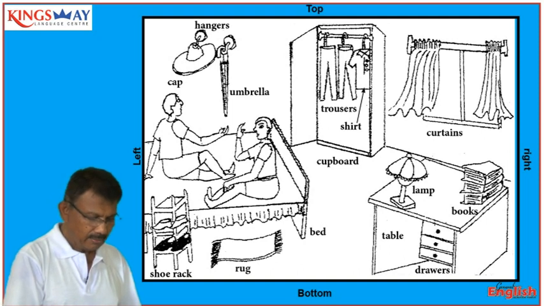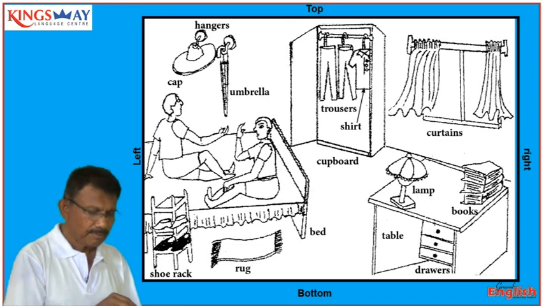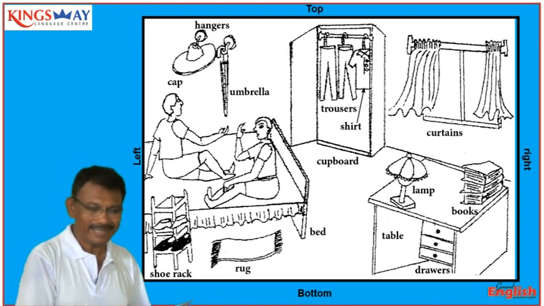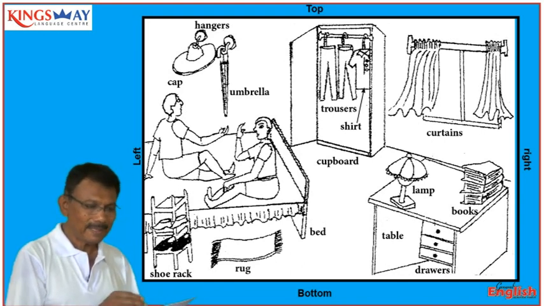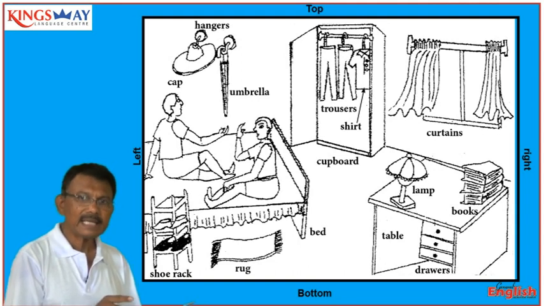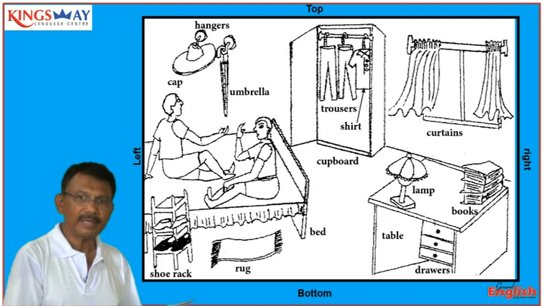And what is there? There is a mat also near the door. There is also a cupboard. Can you see the cupboard in the middle of the picture? Between the window and the umbrella, there is a cupboard. The cupboard is open.